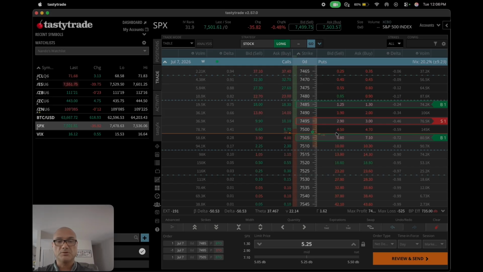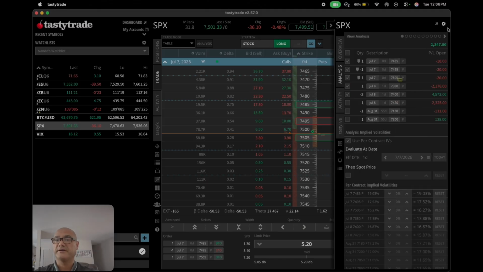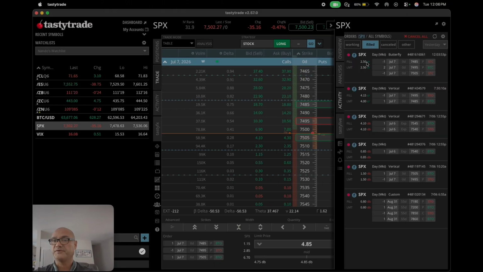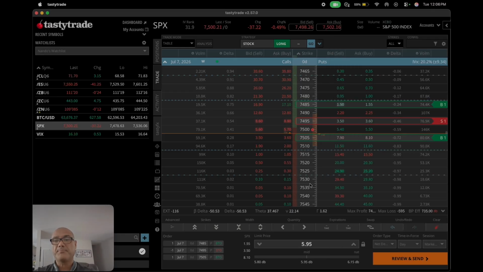So that's going to give me a total of 515 in credit. Let's verify the fill. Okay, so 250. Again, 250 credit, 415 credit, and a debit of $1.50 leaves me with a profit on this of 515. So not bad.